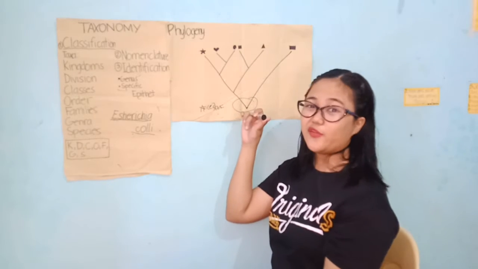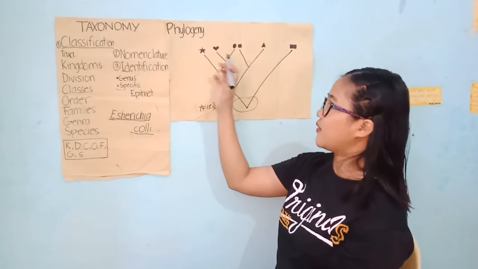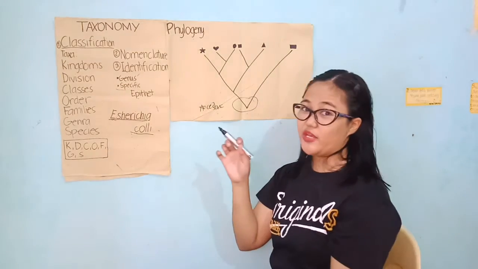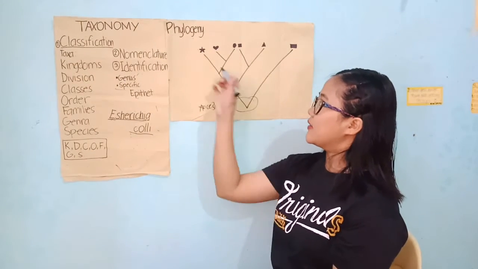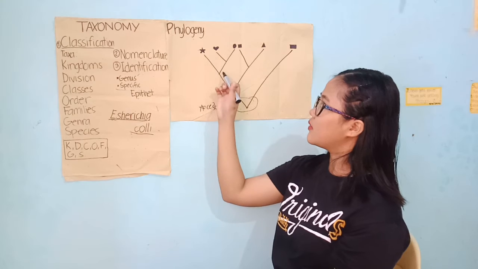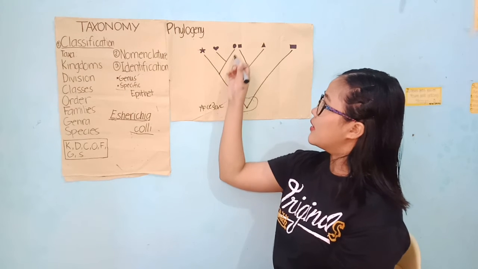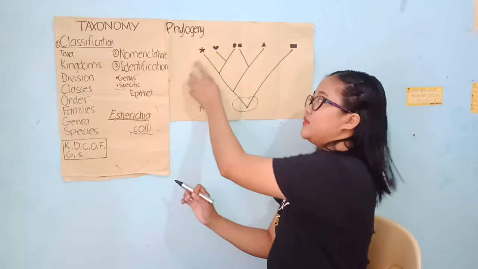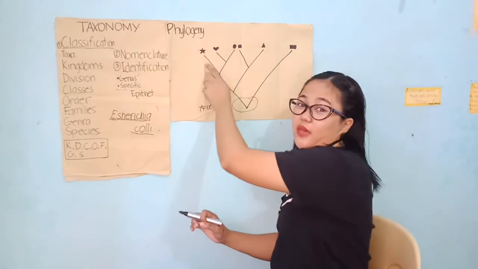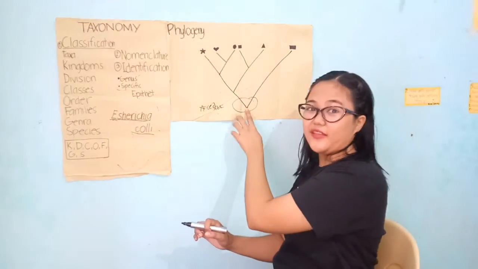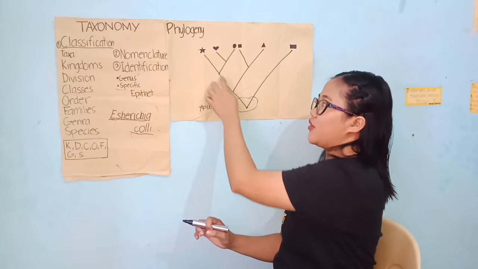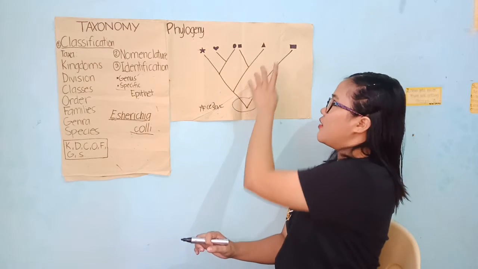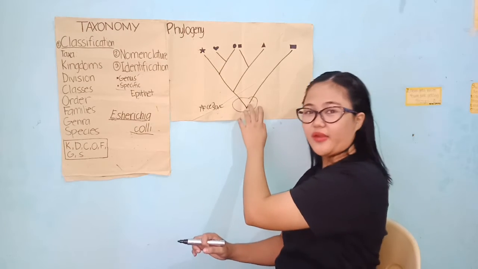To determine the relatedness among these organisms, as you can see, they are different in shapes. Even though they are not the same in shape or in names, they are related because of this ancestor. They are all related by their common ancestor.